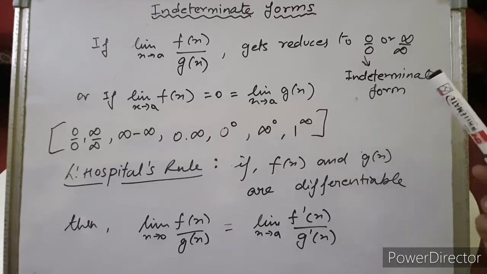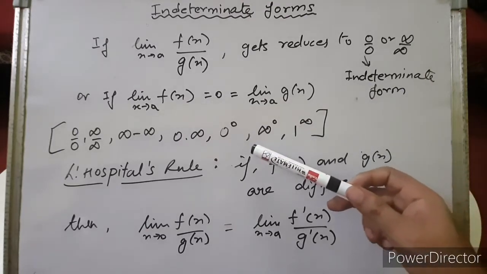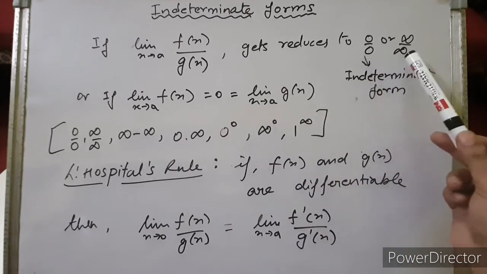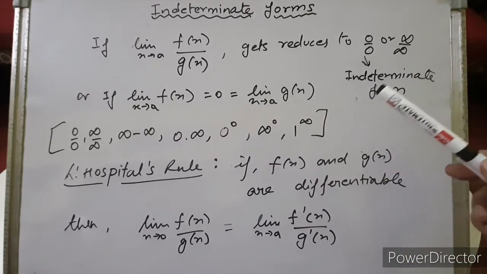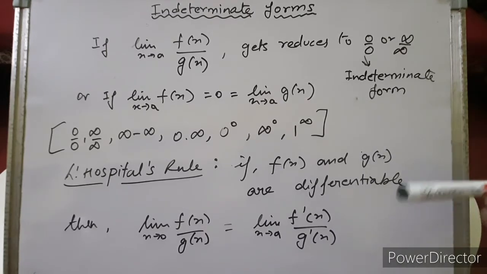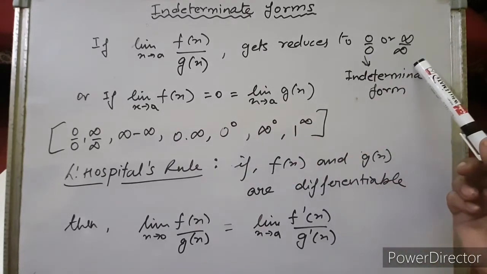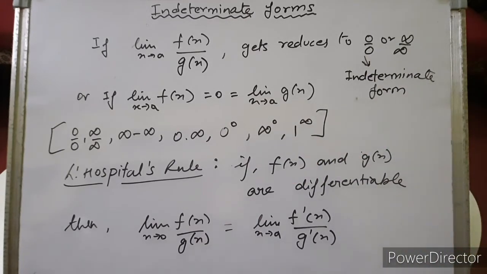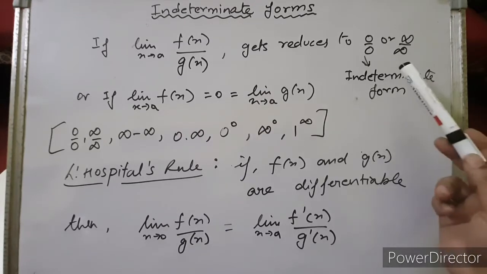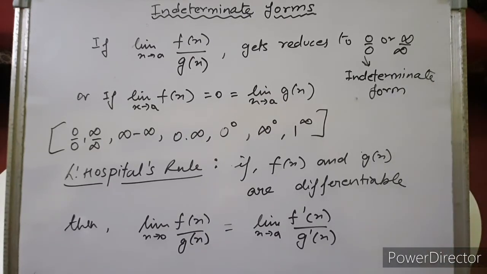If we get any other indeterminate form, then we simplify, reduce the expression and convert it into 0 upon 0 or infinity upon infinity form, right children? So the first thing we do for applying L'Hospital rule is convert the expression into 0 upon 0 or infinity upon infinity form, right?